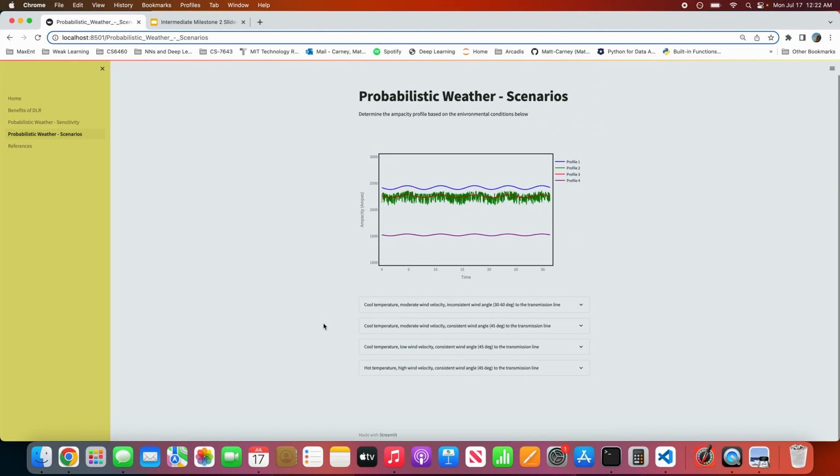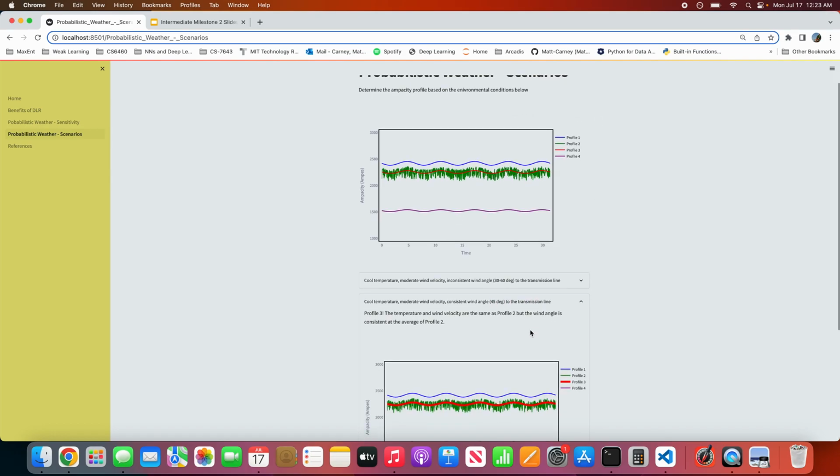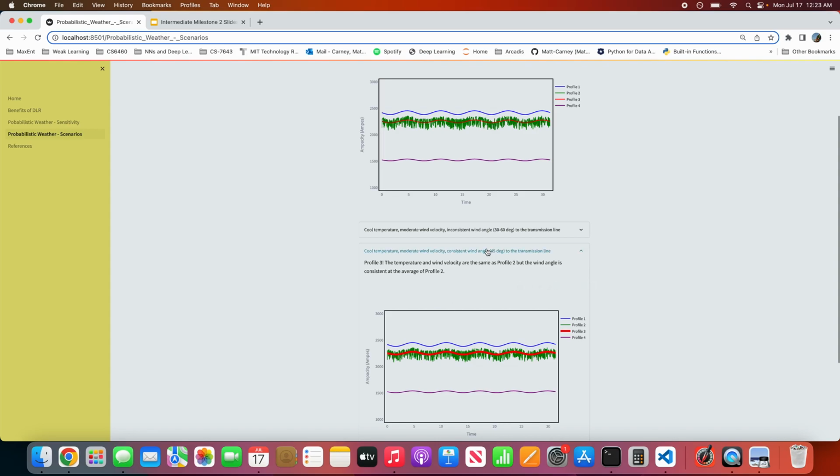For the second one, cool temperature, moderate wind velocity, consistent wind angle, hopefully they note that this 45 degrees is just the average of the range for the inconsistent. Because there are 3 different profiles that don't have those big fluctuations like profile 2 does, hopefully they would be able to guess that profile 3 matches this prompt. Great, just like I described before.